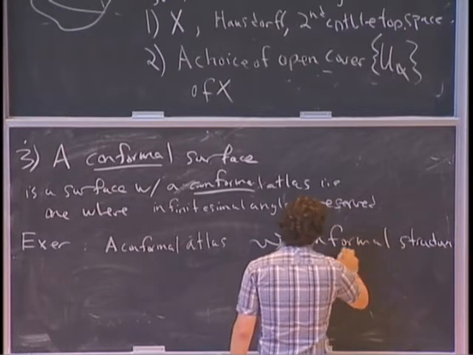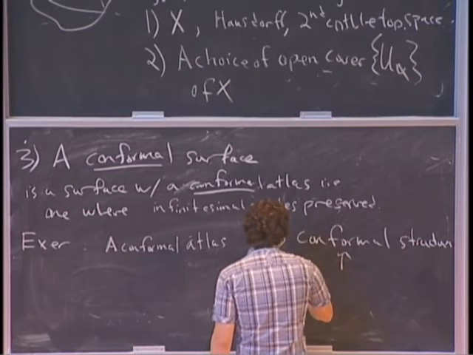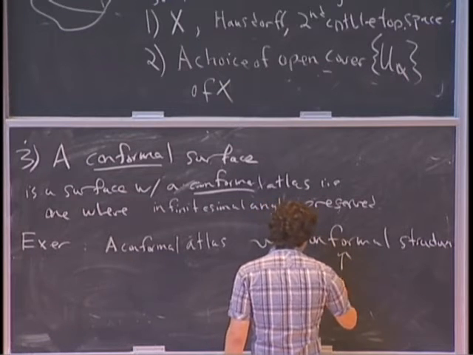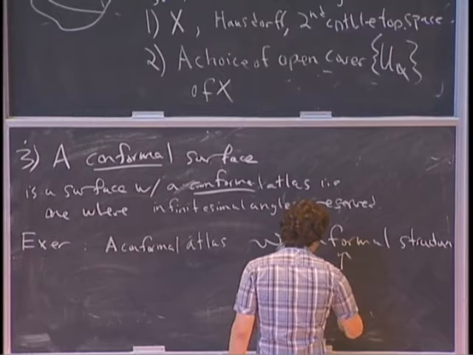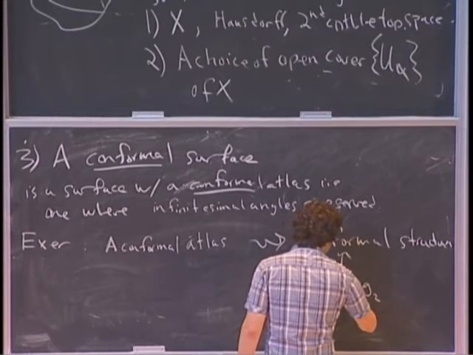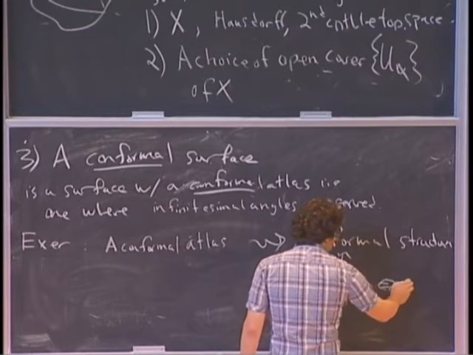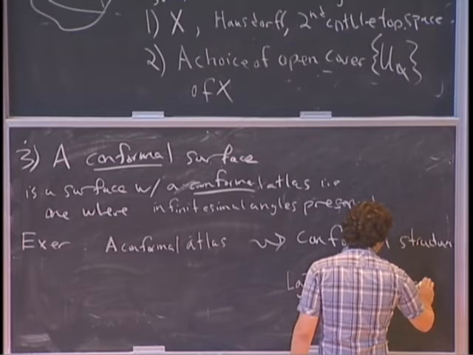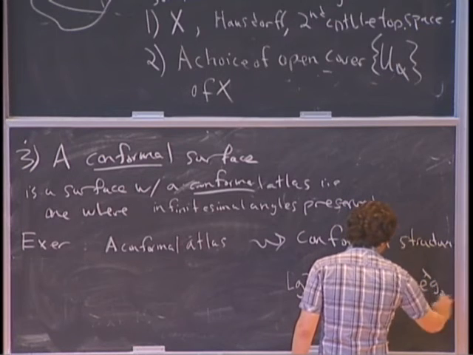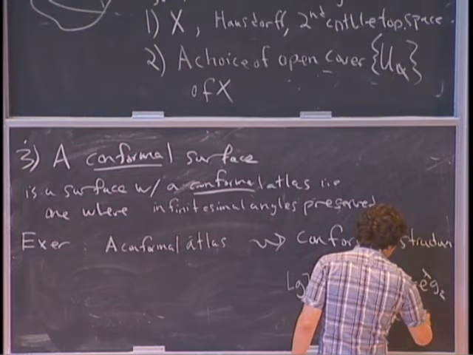For me, this is just an equivalence class of Riemannian metrics, where G1 is equivalent to G2 if and only if G1 equals e to the lambda times G2, for lambda a C infinity function.